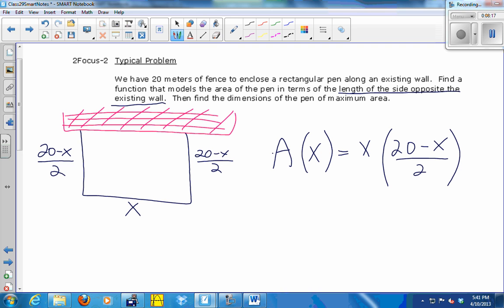If I multiply this out, I get negative 1/2 x squared plus 10x. So I distributed the x, then I divided the 2 into both terms, and I changed the order of the addition.